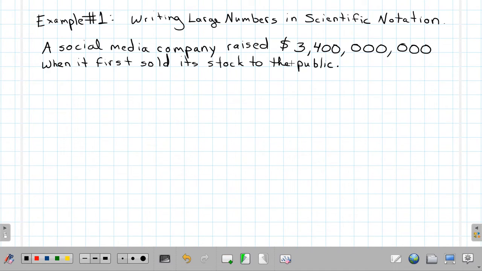First sold its stock to the public. That's not really pertinent information. That's something we don't really need to know. But the actual question here asks us to write this number in scientific notation.